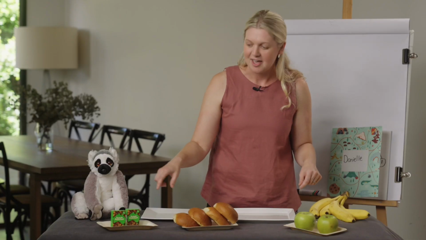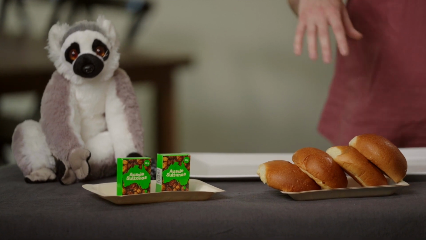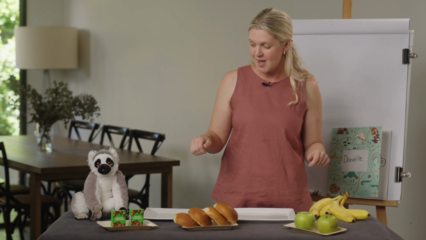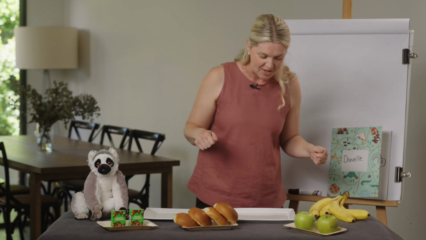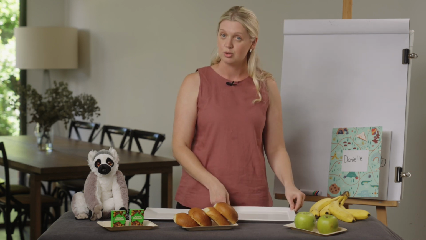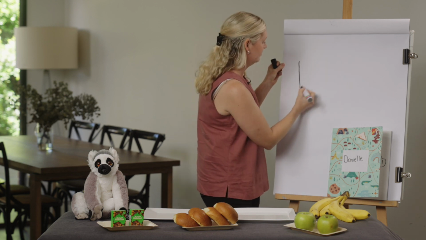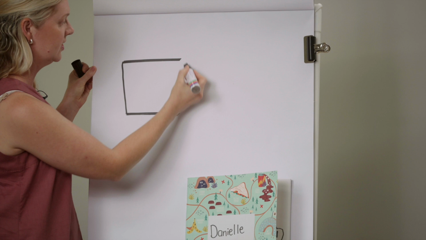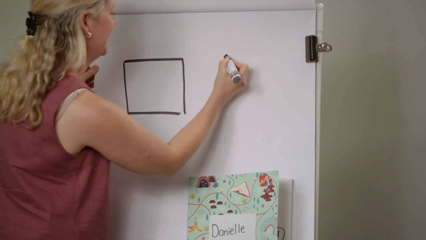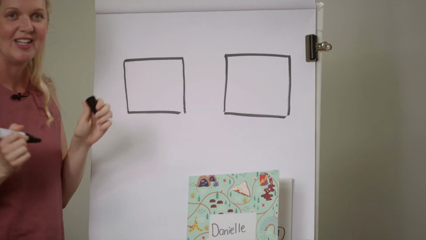Now, this is my favourite snack. We have 2 packets of sultanas. So what you're going to do is you're going to help me work out how we can share all this picnic food between Lenny and myself. So what you're going to do is draw 2 plates, just like this. One plate is for me, and one plate is for Lenny.